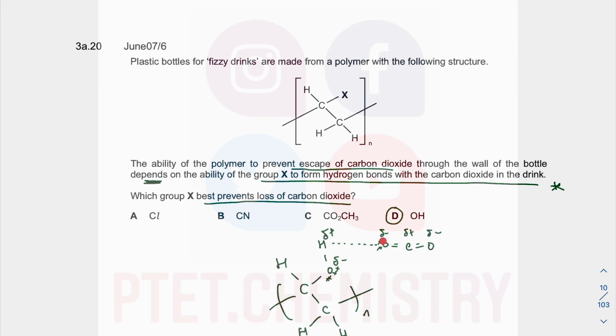So drawing the dipoles, drawing the lone pairs, and labeling that as hydrogen bonding will help you to prevent the loss of carbon dioxide. I haven't really drawn that well here. It's much clearer in other cases, as you'll see with more examples, I'm sure.